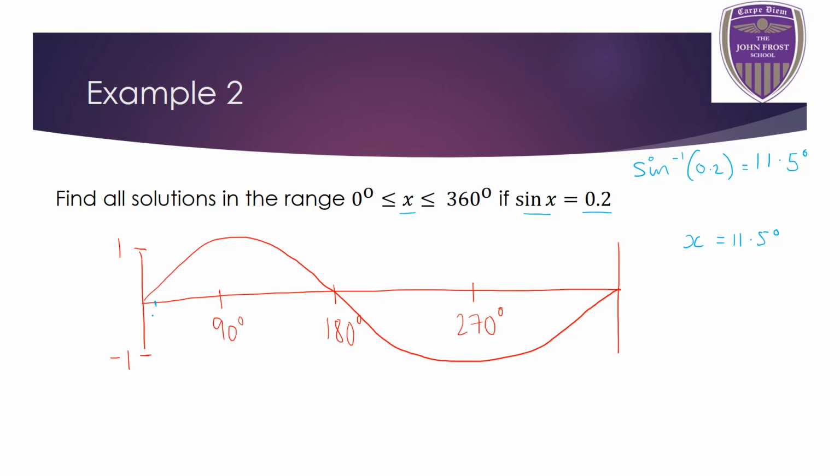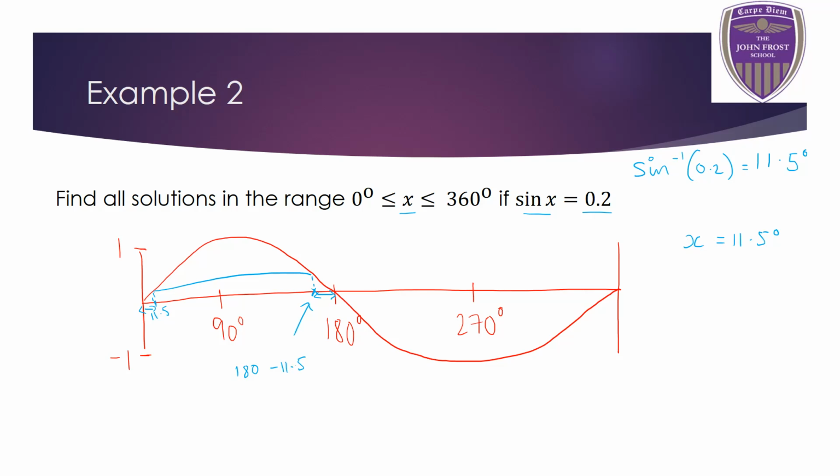11.5 on the graph would be somewhere there. We do the same thing: we go up to the curve, across, and back down. That's where the next solution is. There are no solutions in this range over here. If the gap from 0 to 11.5 is 11.5, then that gap there is 11.5 as well, meaning that is 180 minus 11.5.